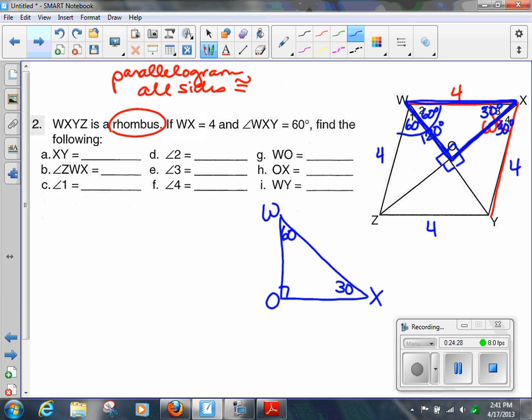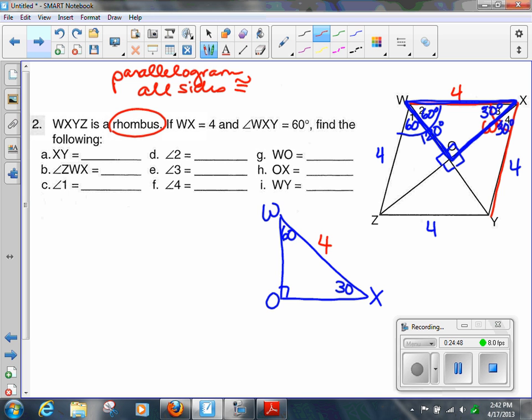From the original picture, what other type of information can I put into my little triangle here? Say it again. It's 90 degrees. I've got it marked here with the box. Look up there, though. WX is 4, isn't it?